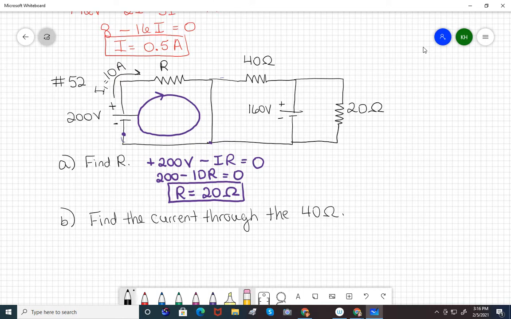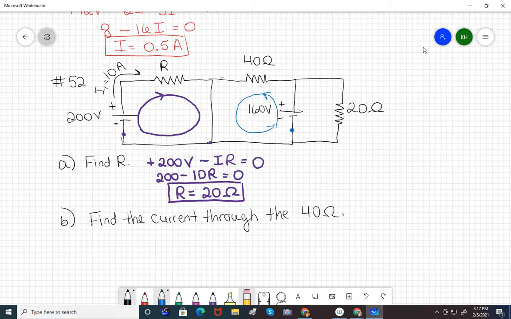So we need to pick a loop that has the 40 ohm resistor. To me, the obvious loop to pick is this middle one. And again, since this is the only battery in this middle loop, it's negative here, and I'm going to start right here, and I'm going to assume that my current flows this way. So the current's going counterclockwise this time.